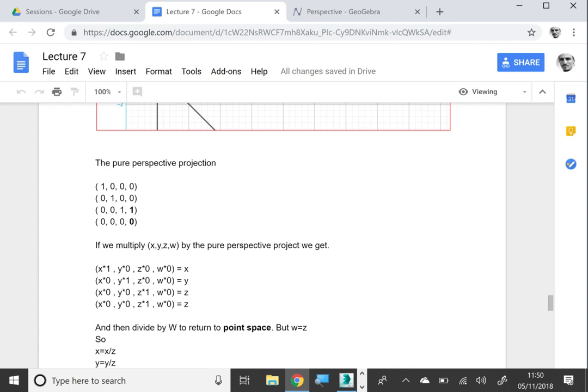So what this does is it converts our X, Y, Z, W into X, Y, Z, Z.